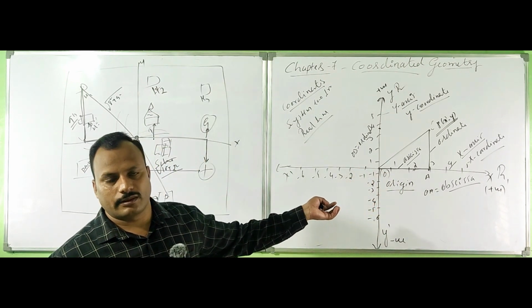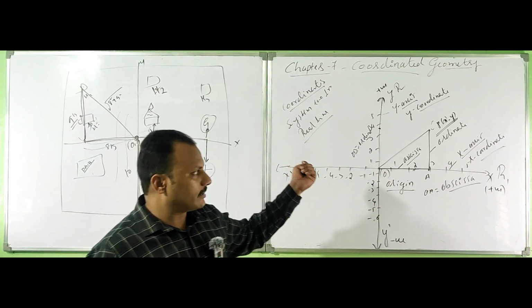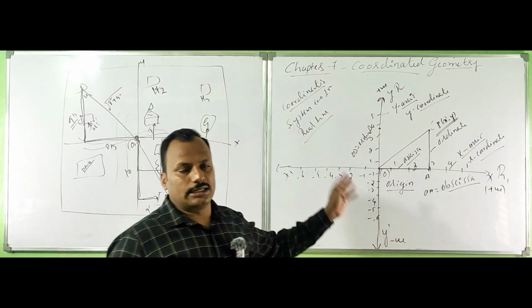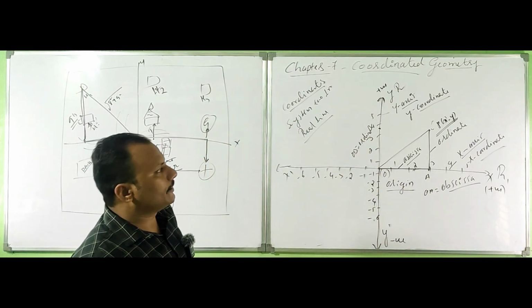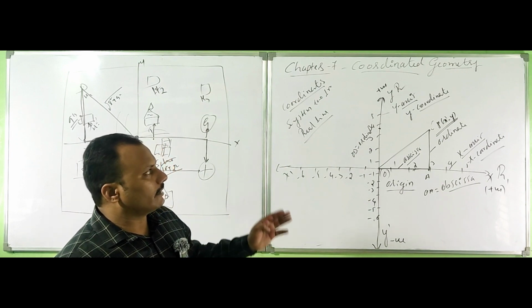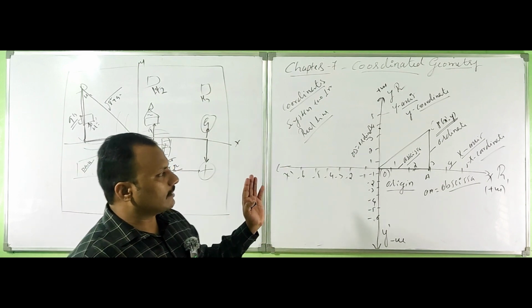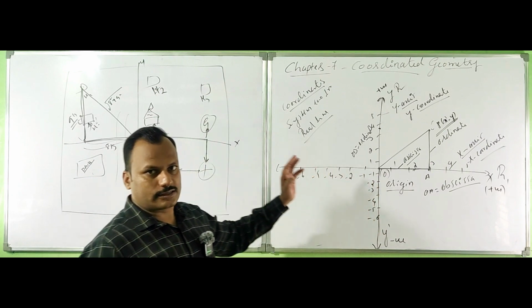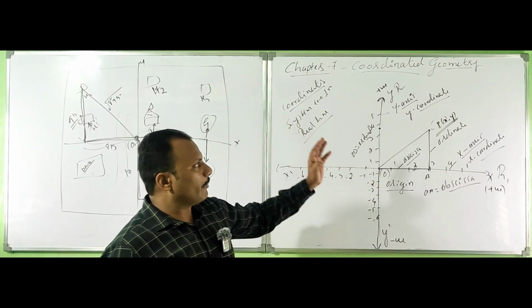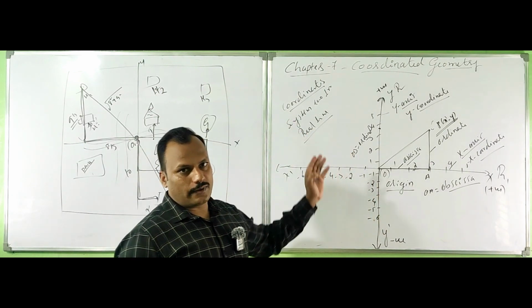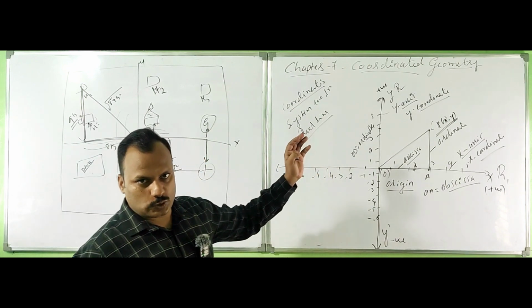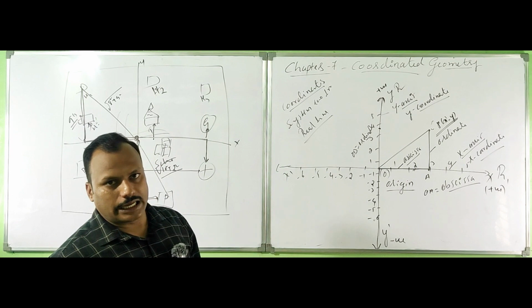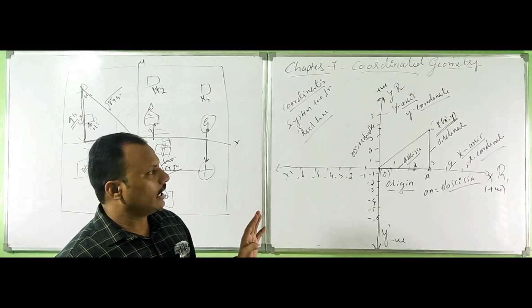Only because of irrational numbers can you make this diagram properly; otherwise it is quite difficult. The right side of the x-axis is called positive and the left side is called the negative direction. The upper side of the origin on the ordinate is called positive values and the lower side is called negative values. These are the basic introduction.